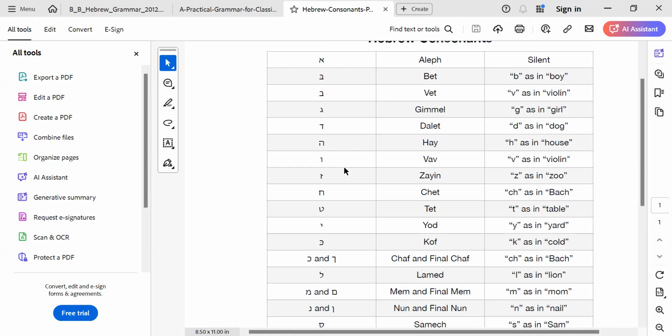Zayin. Het. Tet. Yod. Well done. Kaf. Yeah. As in Kaf. Kaf. And then you have the final forms, Kaf at the beginning, Kaf at the end. Next one, Lamed. Well done.